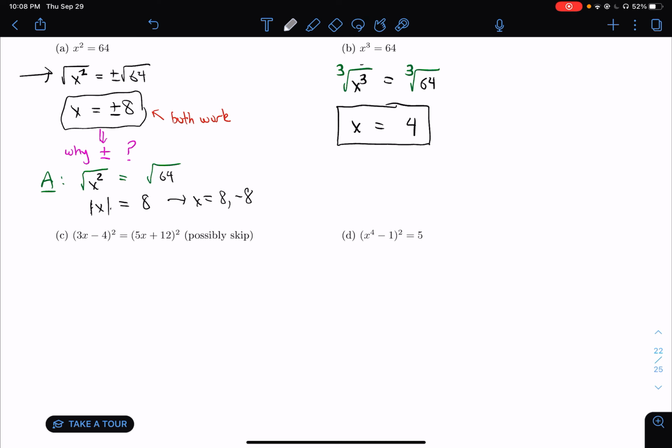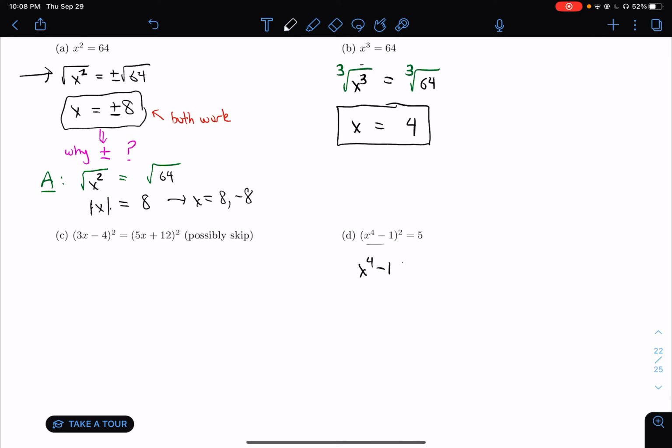Part C here, I'm going to skip, but I'll work out part D. So part D is a little step up in difficulty. This time I got x to the 4 minus 1, that quantity being squared, equaling 5. So let's first try to get rid of the square. Let's square root both sides. That's going to give us x to the 4 minus 1 on the left.